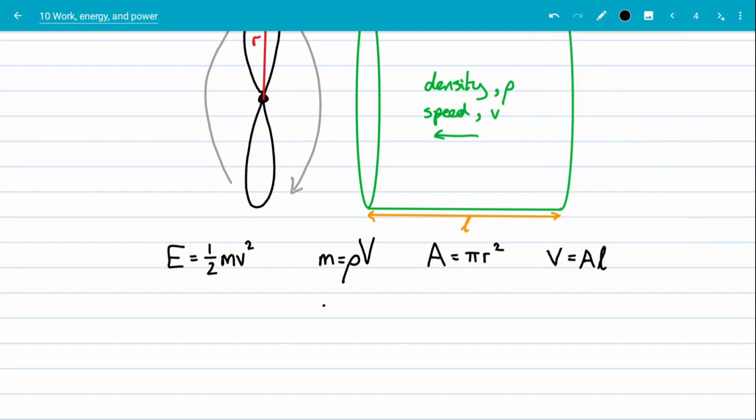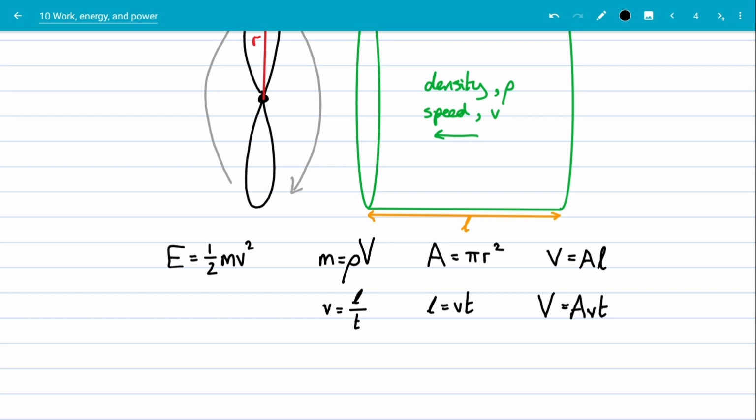We can say v is that length divided by the amount of time it takes for the column of air to travel that length. That means L is equal to v multiplied by t, which means the volume is equal to A multiplied by the speed multiplied by the time.